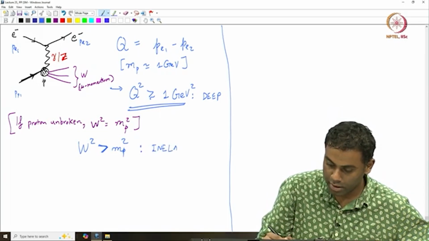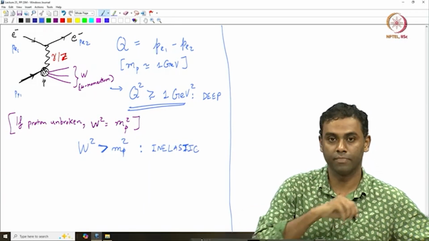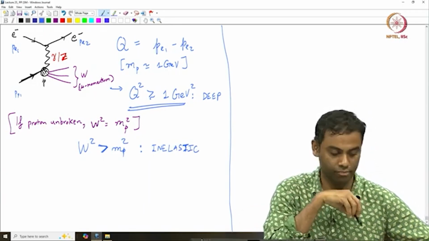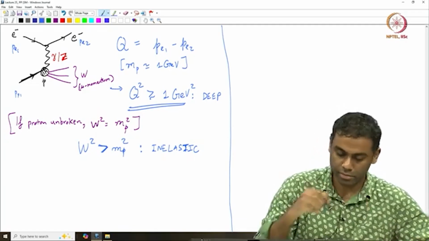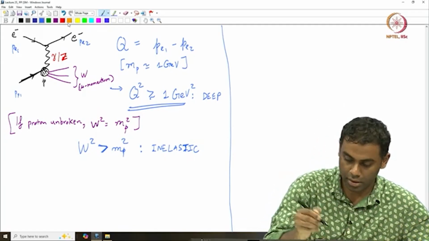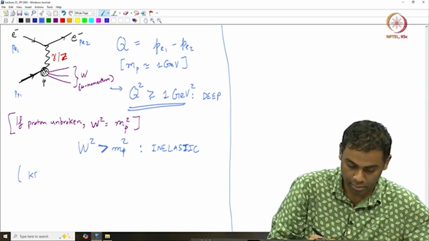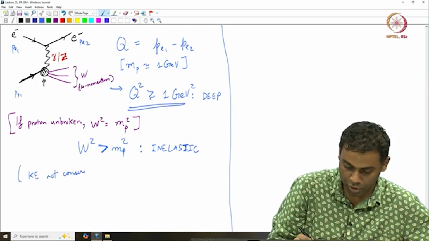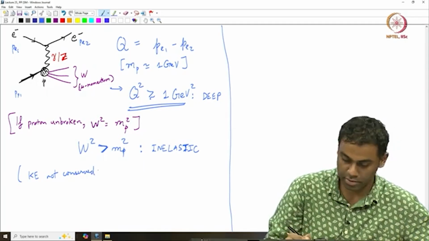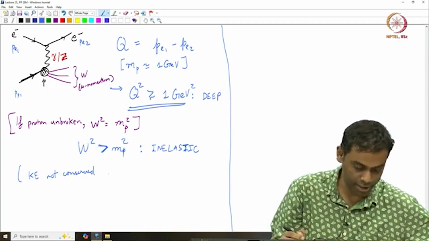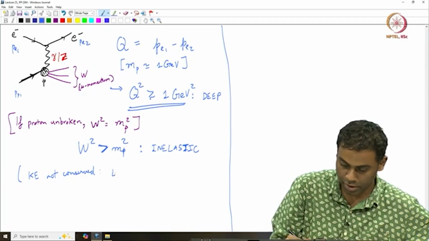Because of this, we are in the regime of inelastic scattering. Okay. Again, that is because the kinetic energy is not conserved in the process, total energy is, but kinetic energy is not. Okay.